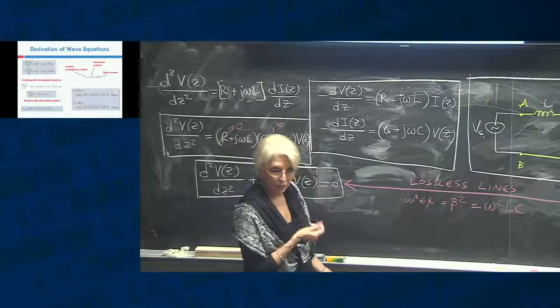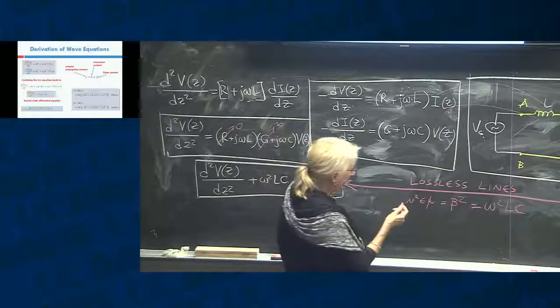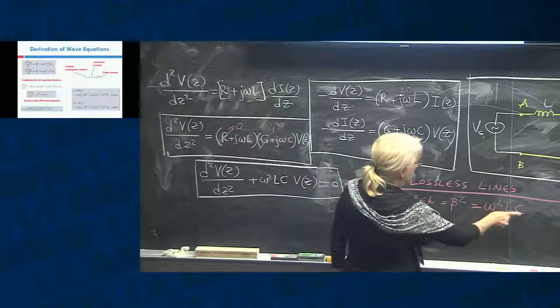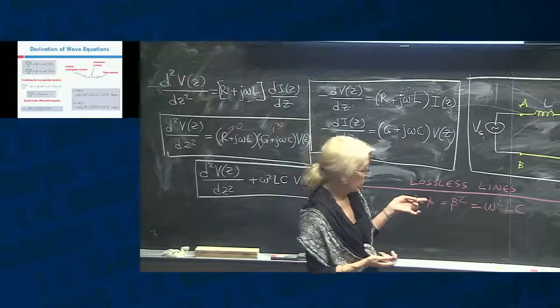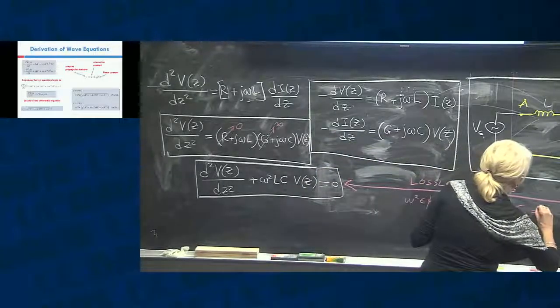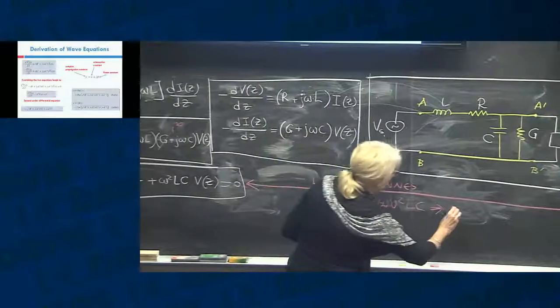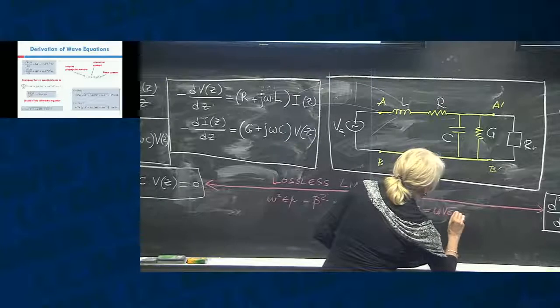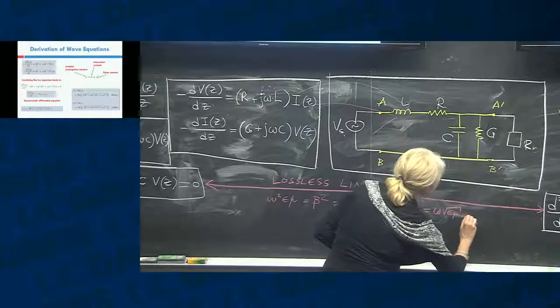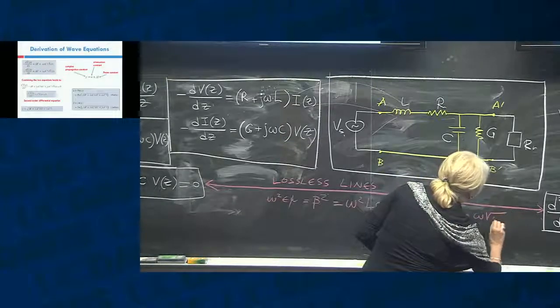All right? Very interesting. So practically, from L and C, or epsilon and mu here, I can find my beta. You say, well, what's the big deal? Because I already knew beta. So beta here is either omega square root of epsilon mu or omega square root of LC.